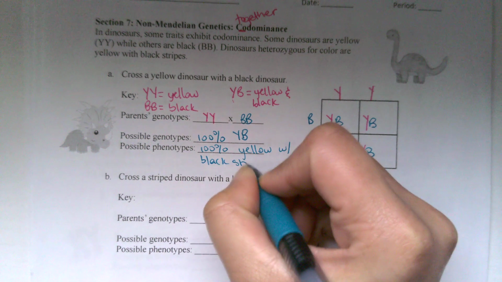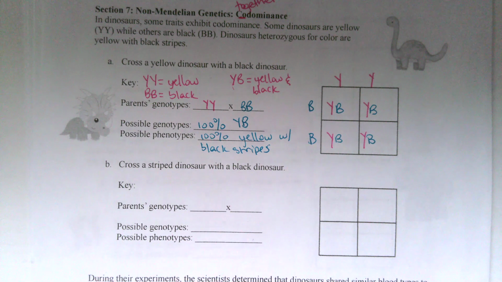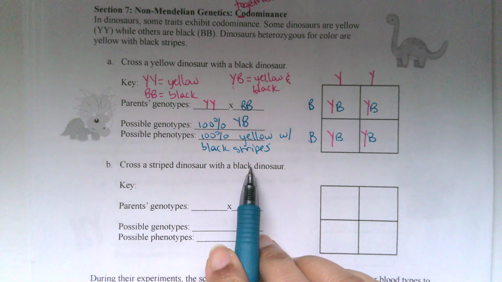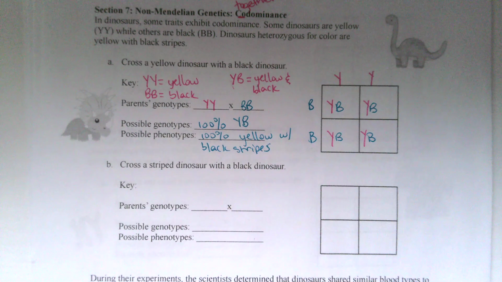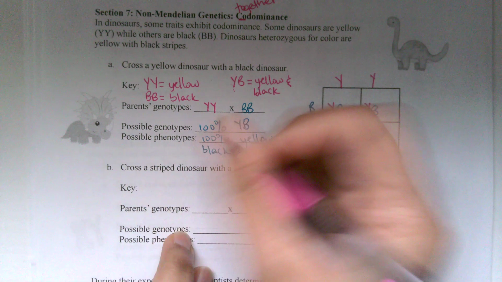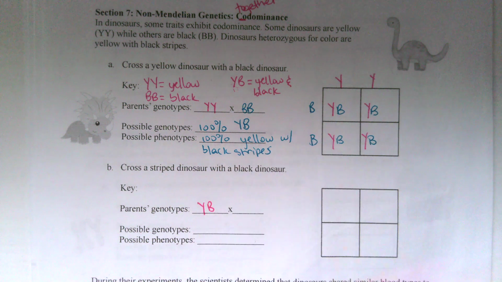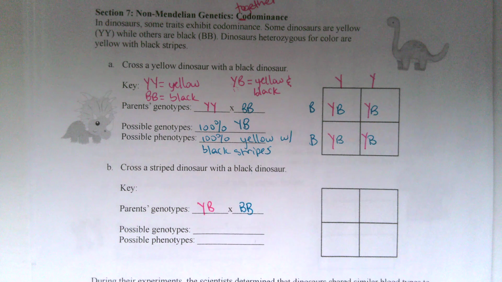Okay, second question, we want to cross a striped dinosaur with a black dinosaur. Now I'm not going to rewrite the key since it's right here. But our parents' genotypes, we have striped. Striped would be YB, and then we're crossing it with a black dinosaur, BB.